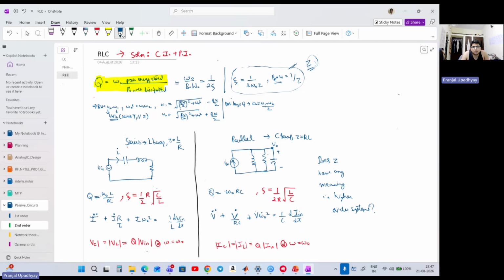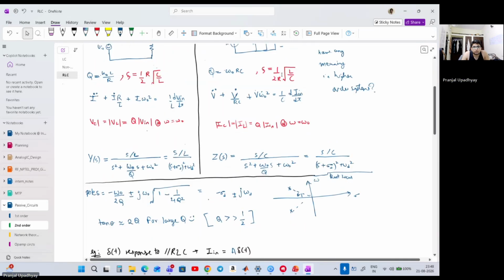Again, we can easily understand that the bandwidth is just omega 1 minus omega 2, and these two terms will cancel out, and what we'll have is the bandwidth itself, right? So it's quite simple to understand. For large resonant frequency, this bandwidth approximately is equal to the average of these two frequencies.